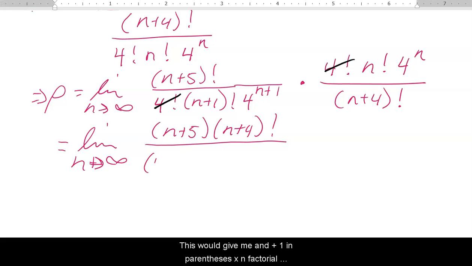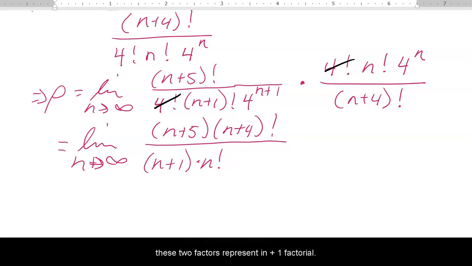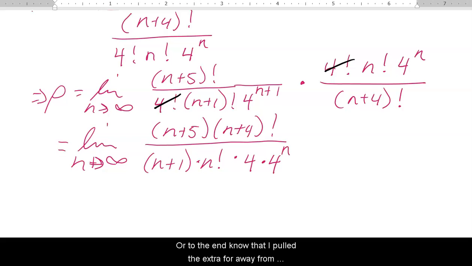This would give me n plus 1 in parentheses times n factorial. These two factors represent n plus 1 factorial, then times 4 times 4 to the n. Note that I pulled the extra 4 away from the power.